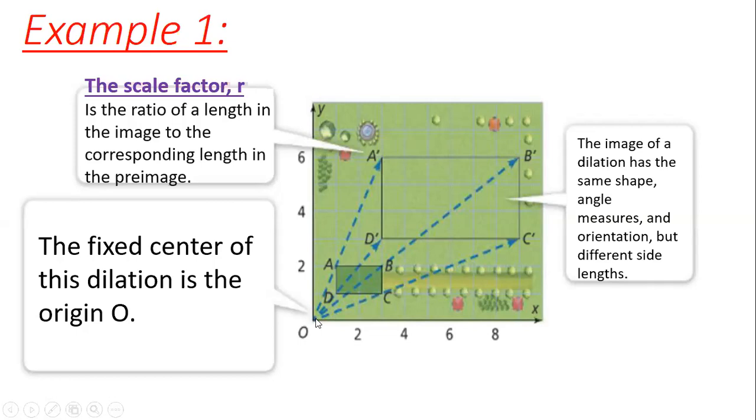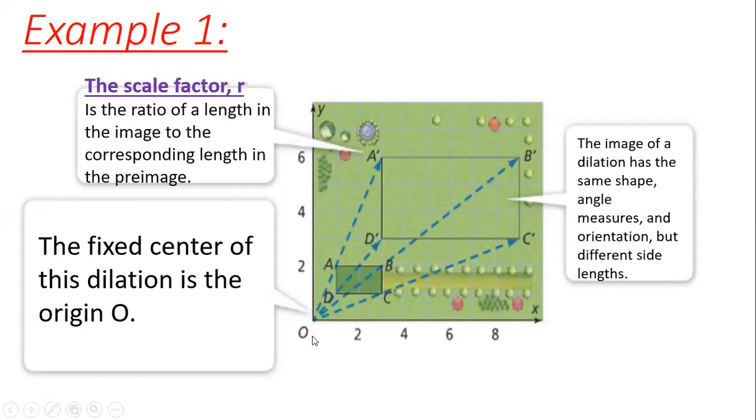If I make a line from O to A prime, do I find a straight line that passes through these three points? Yes. So A, the image A prime, and the center O are on the same line. What do you think about the other points? O, D, and D prime. Are they on the same line?